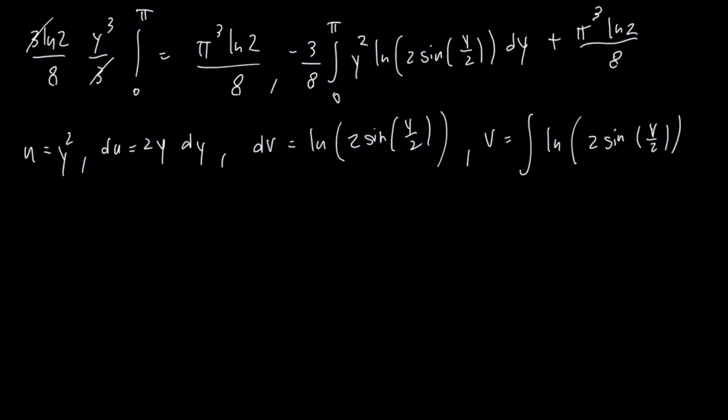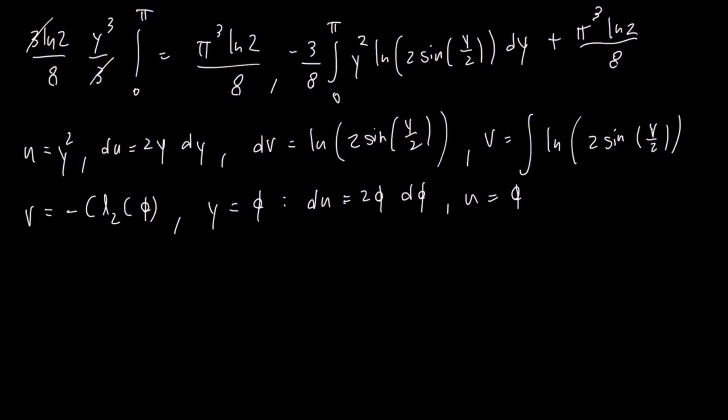And this integral is a special function known as the Clausen function. So that means that v equals negative the Clausen function of phi. And we'll also make the condition that y equals phi. So because of that condition, du equals 2 phi d phi, and u equals phi squared. So using all this information, we have a negative 3 over 8.